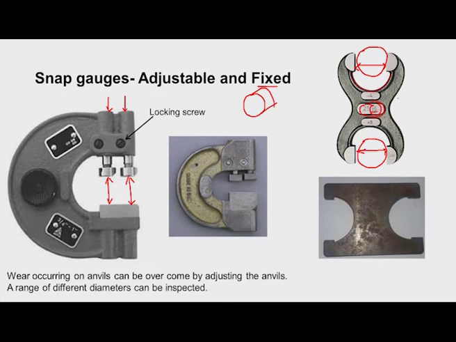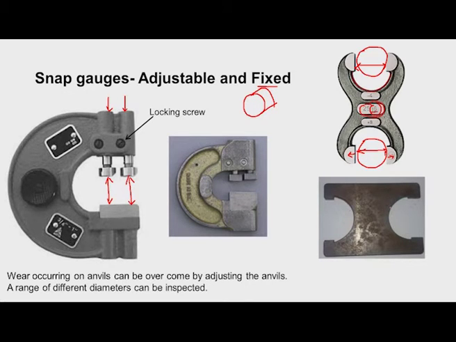The go side should smoothly enter the shaft. There should not be any over pressure on the snap gauge. If over pressure is applied, these surfaces move out, they expand. So it is very essential that the gauges are not forced onto the workpieces; they should move smoothly.